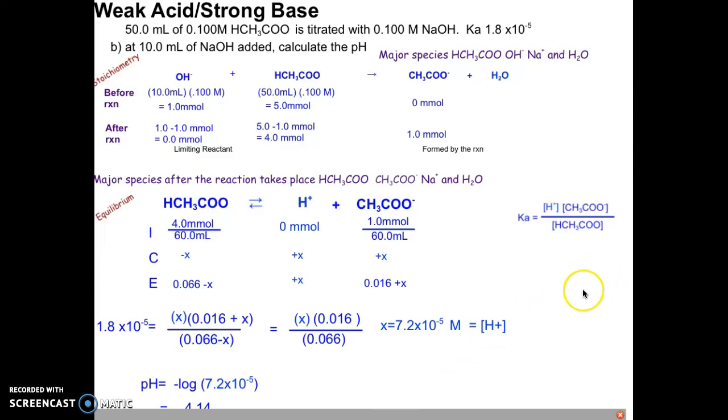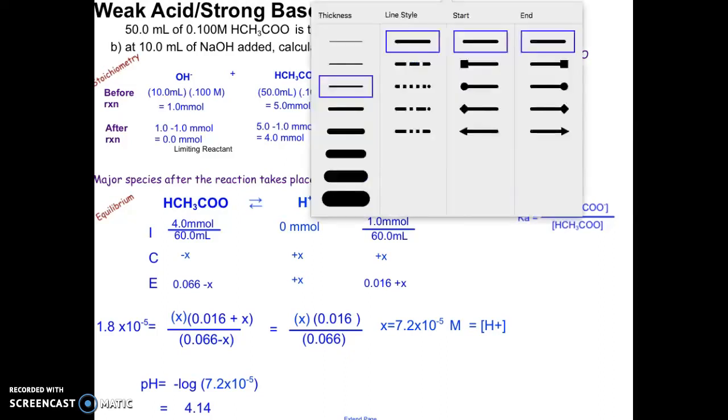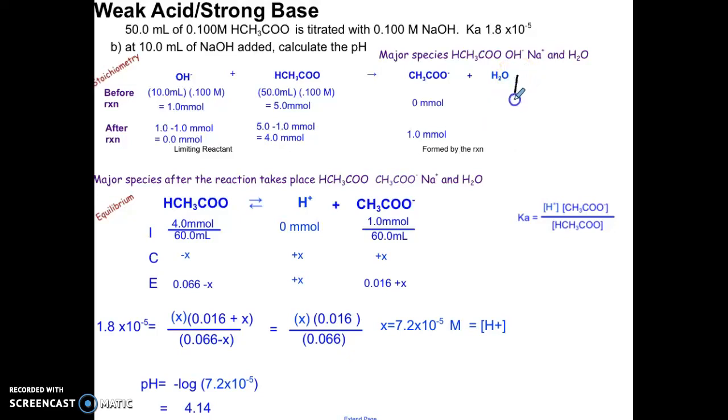But wait, we're not done. No, we're not. We still need to figure out the pH. Well, pH is the negative log of the hydrogen ion concentration, and we come up with 4.14. So I believe in your packet you have a space where you could draw the line. So I'm going to just start adding that onto here.